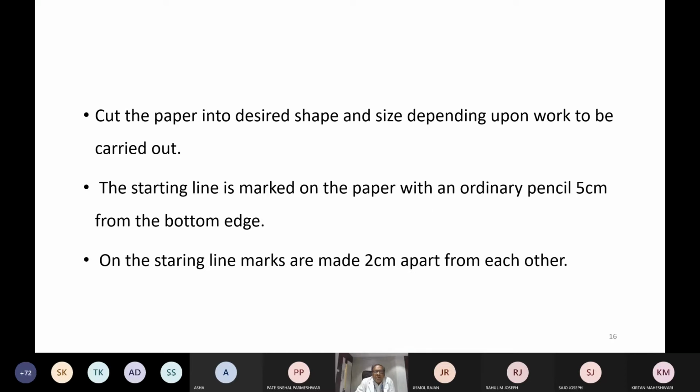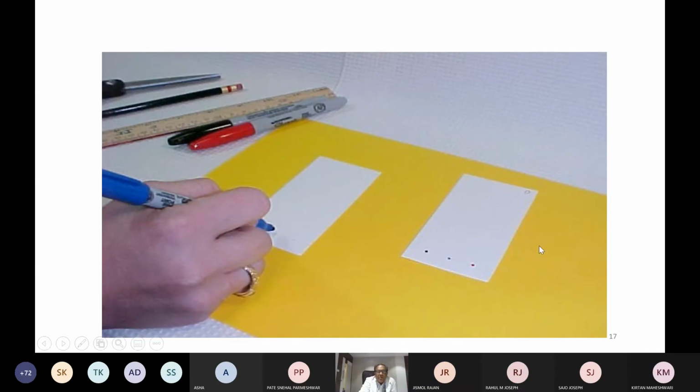On the starting line, mark about 2 centimeters from the edge, and the gap between one sample and another should also be about 2 centimeters. So you can take one filter paper like this and mark a line where you have to apply the sample, and also the spot where you have to put the sample. Mark it with a lead pencil.